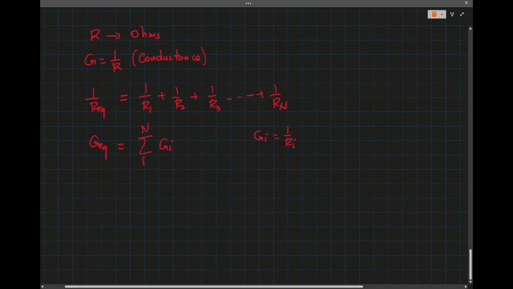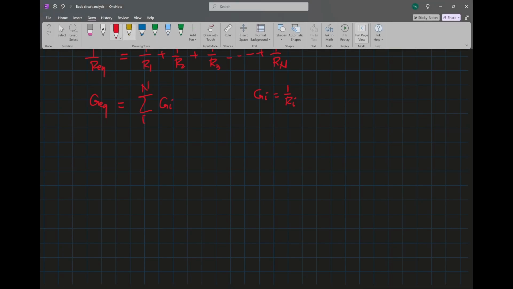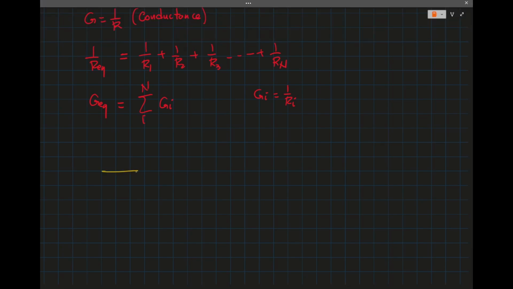Now, let's say we have an example. Let's say we have 2 resistances connected in parallel. If I had R1 here and R2 here, and I'm looking through here, A and B, and I wanted to find R equivalent.